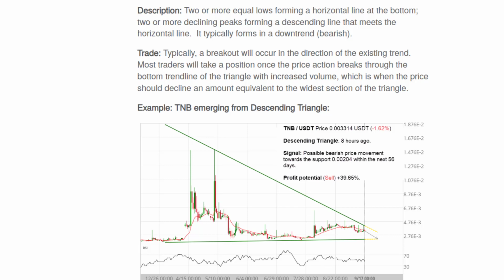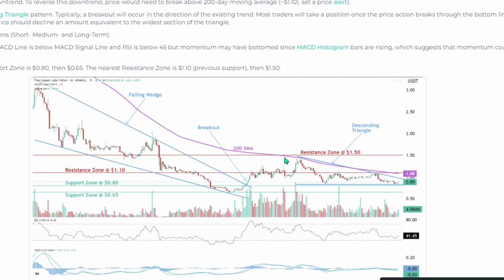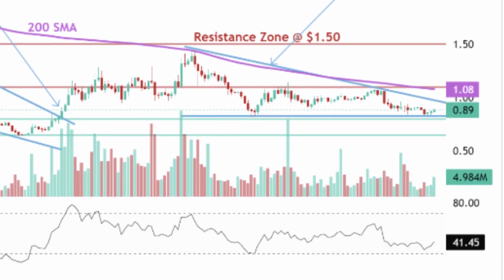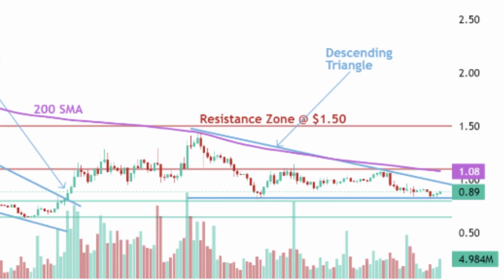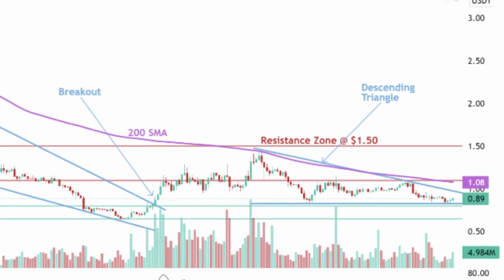Now, how do we trade it? Well, we basically wait for a breakout. Let's get back to this example. Typically, a descending triangle resolves in a bearish breakout. Eventually that support area is broken through, the supply from sellers overwhelms the demand from buyers, and the price continues in the downward trajectory. Overall this pattern typically breaks in the direction of an existing trend.